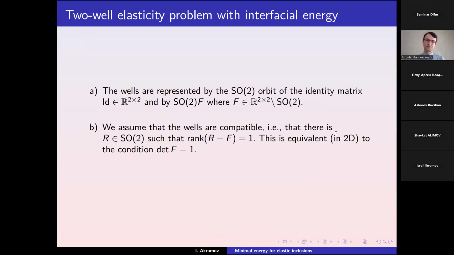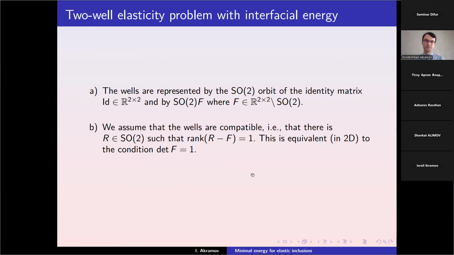We also assume that the wells are compatible. What does it mean? It means that there is R from SO2 such that rank of R minus F equals 1. Since we are considering two dimensions, by the polar decomposition, this condition is equivalent to determinant of F equals 1.